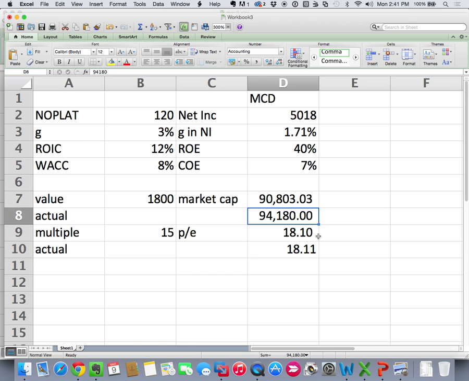We're missing the non-operating value. What's a big non-operating asset that just about every company has? What's McDonald's probably have a lot of on the balance sheet on the asset side? It's a non-operating asset. You just did economic statement conversion. What's over there in the non-operating bucket?